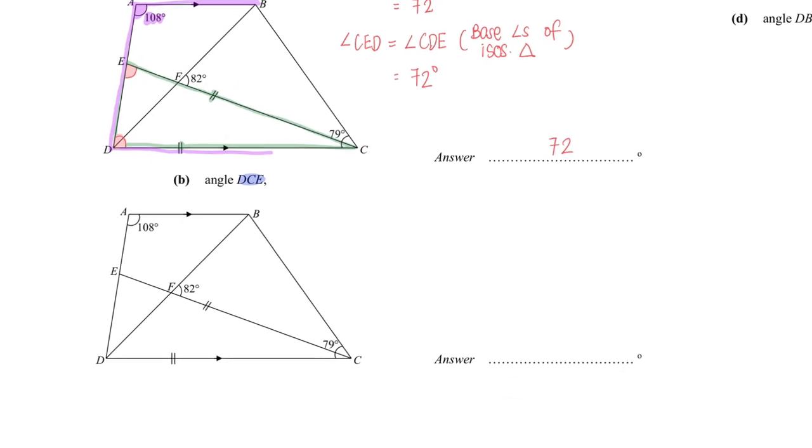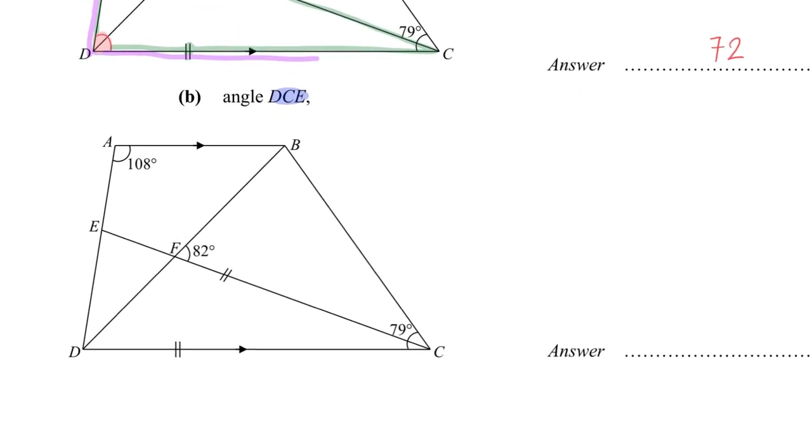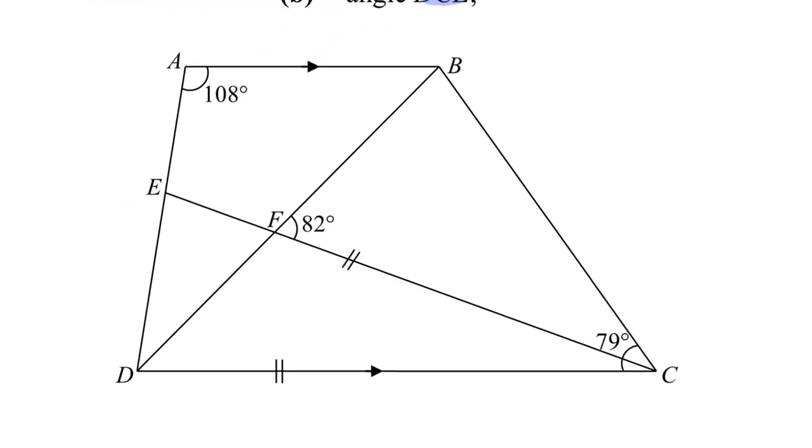Okay, come, let's focus on part B. DCE. Now that we know this is 72, this is also 72, and this is a triangle.